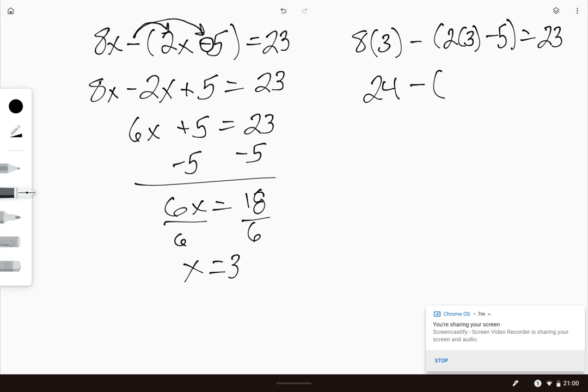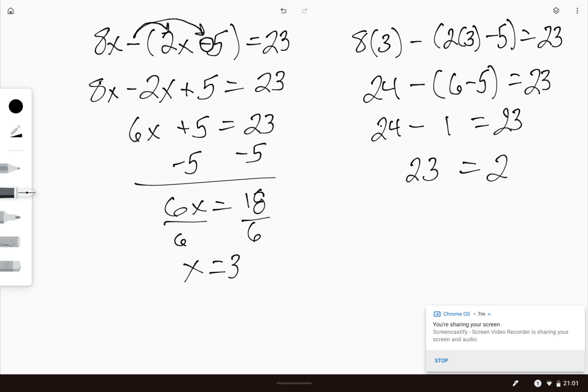Minus, so 2 times 3 is 6 minus 5, and all that equals 23. So 24 minus 6 minus 5 is 1... equals 23. So 23 equals 23. So that's how you get the right answer.